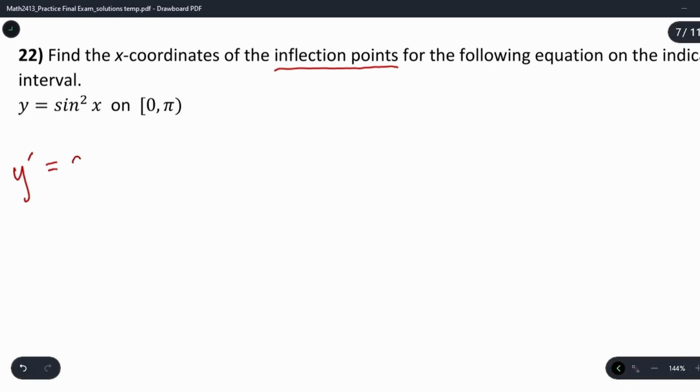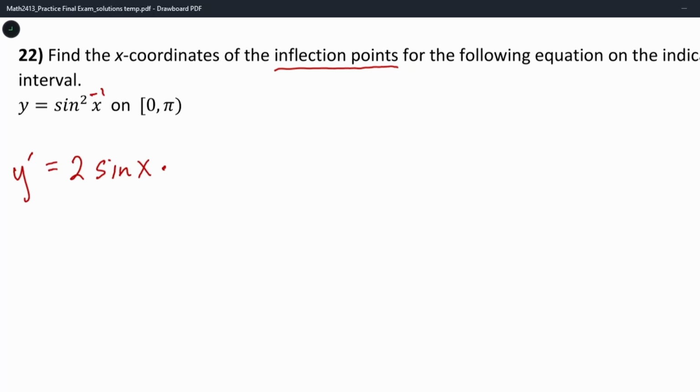So the 2 comes down, the stuff inside stays the same, the stuff inside being the sine x, and then we minus 1 from the power, which would give us just sine x to the 1, or just sine x, and then multiplied by the derivative of the stuff inside, which would be sine x, the derivative of which is cosine x. There is our first derivative.